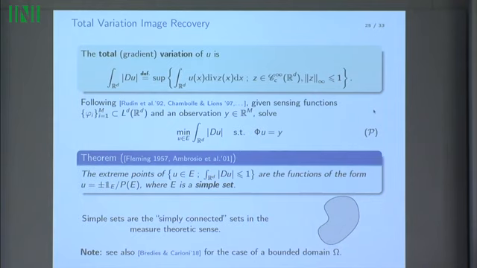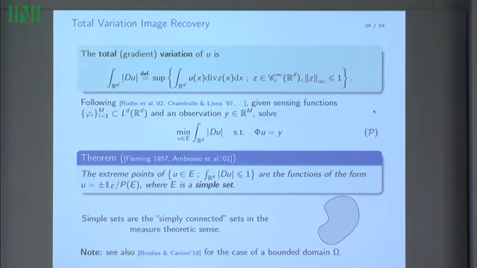So, what is a simple set? I didn't define properly what a simple set is, but just with my hands, I can tell you that they are simply connected sets in the measure theoretical sense, so simply connected and with no hole, okay?